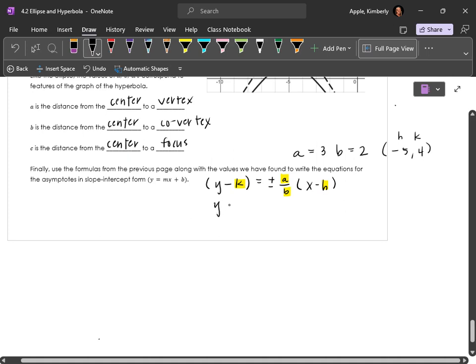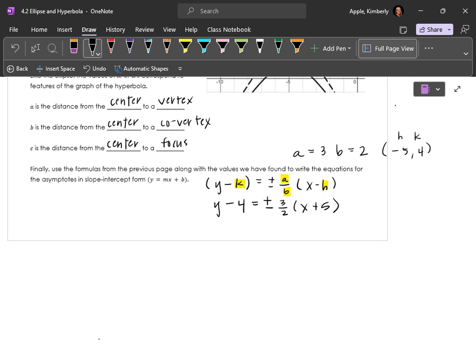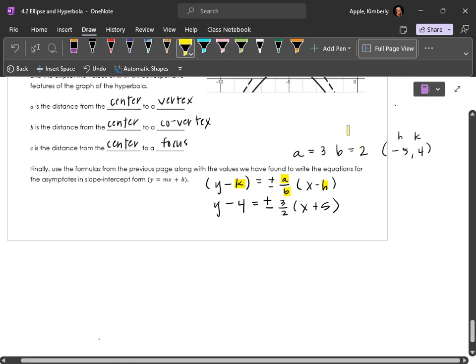So this would be y minus 4 equals plus or minus a over b, which is simply 3 over 2, times x plus 5. That's it. Now notice my instructions say write the equations in the slope-intercept form y equals mx plus b.